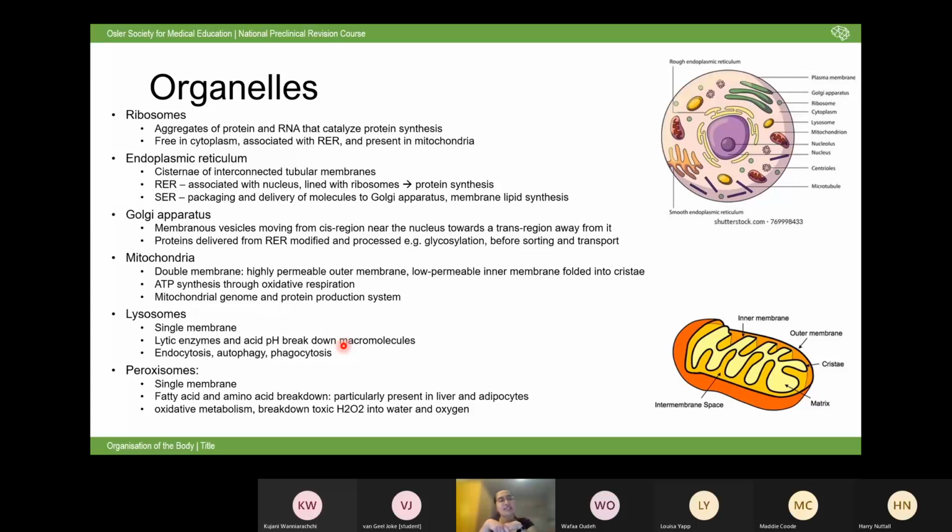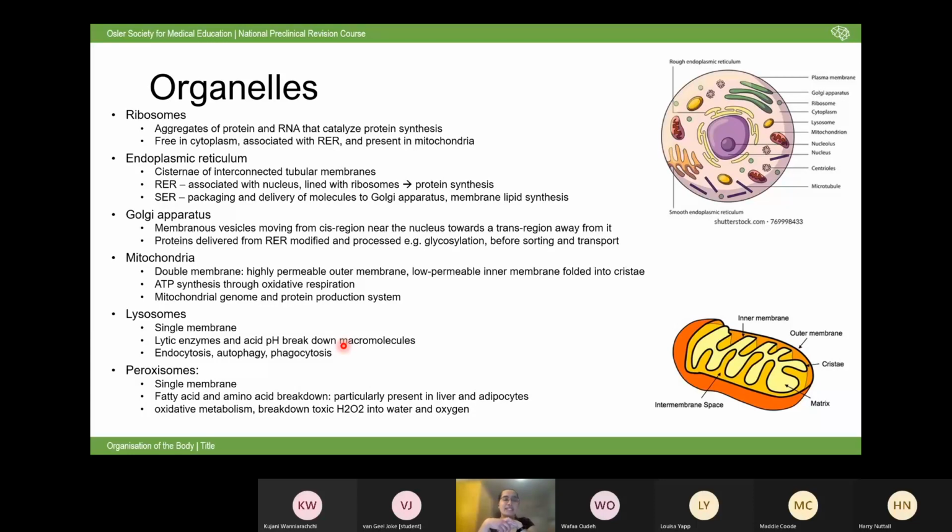So that is lysosomes, whereas peroxisomes are slightly different in that they're more specifically for fatty acid and amino acid breakdown. So they're particularly found in liver, which is where essentially all metabolism happens specifically, and also adipocytes because there's a lot of lipid breakdown there.